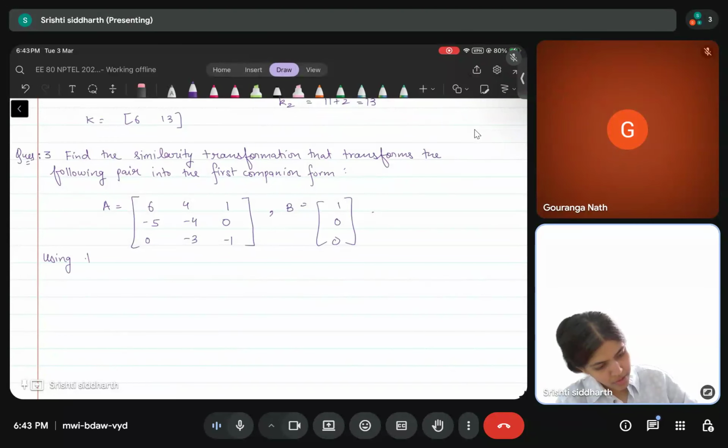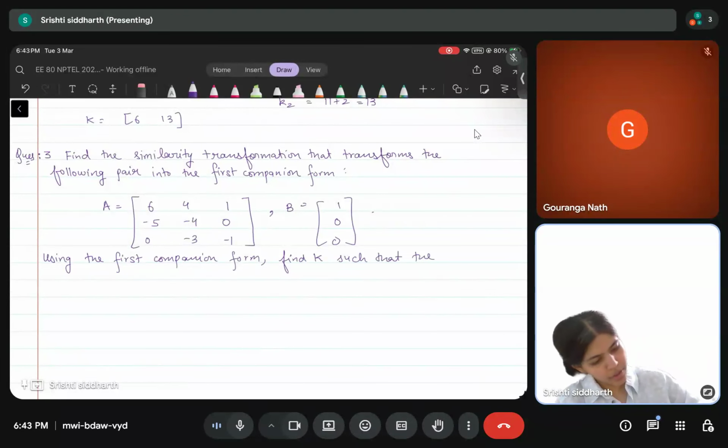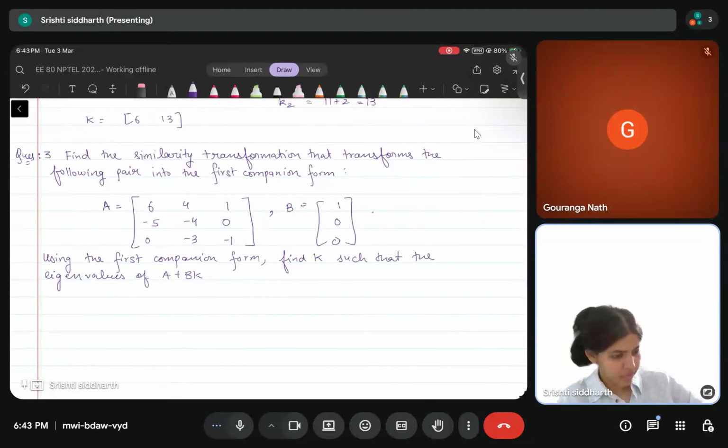Now I'm using the first companion form, and K such that the eigenvalues of A plus BK are 1, minus 1, and minus 1.